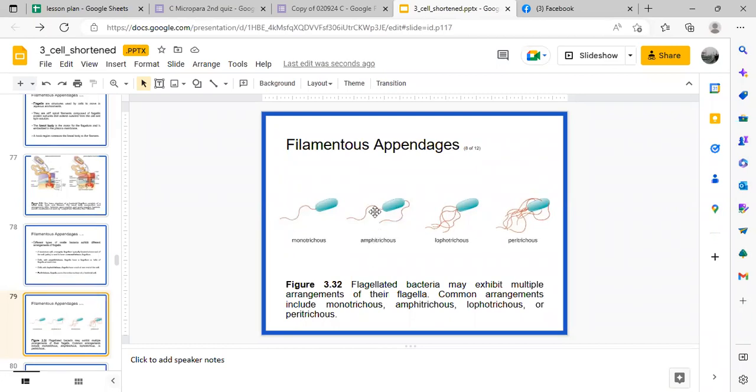Amphitrichous, basta both ends. Lophotrichous, only one end pero marami siya. Peritrichous, all over the cell body.